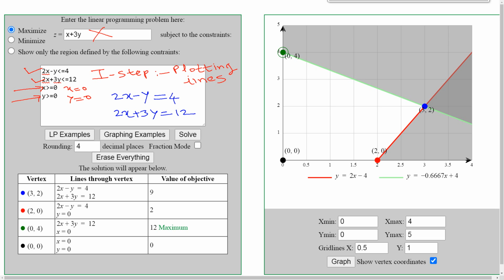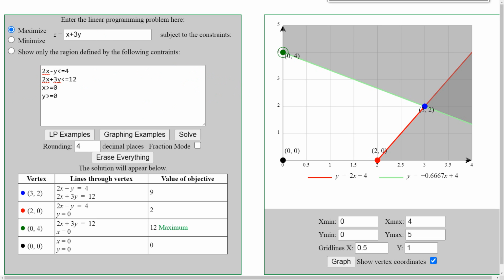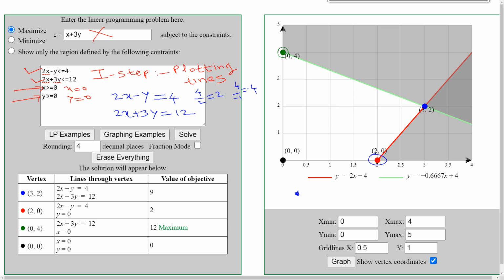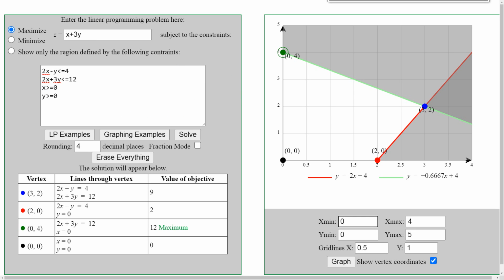So in order to plot lines, we need 2 points, one on the x-axis and one on the y-axis. Here the point on the x-axis will be 4 upon 2, which is 2, and the point on the y-axis will be c upon b, that is 4 upon minus 1, which is minus 4. So you can see that we have 2 points here, 2 and minus 4. Let me change the coordinates so that we will be able to graph it.